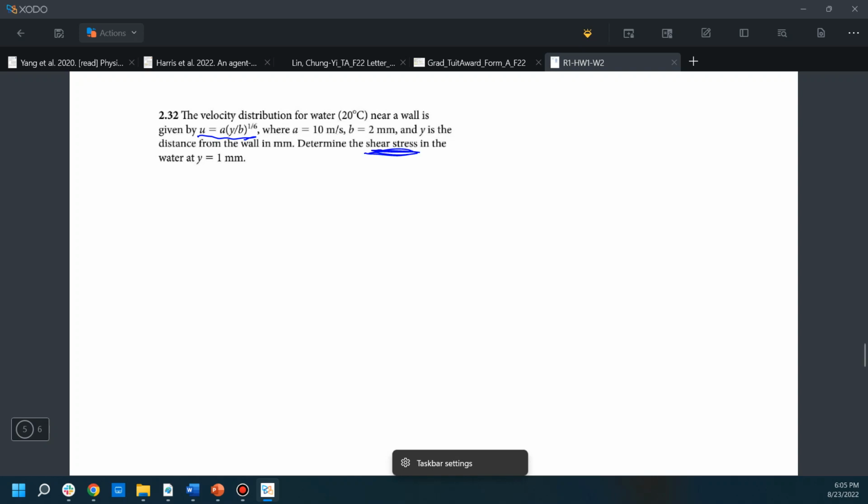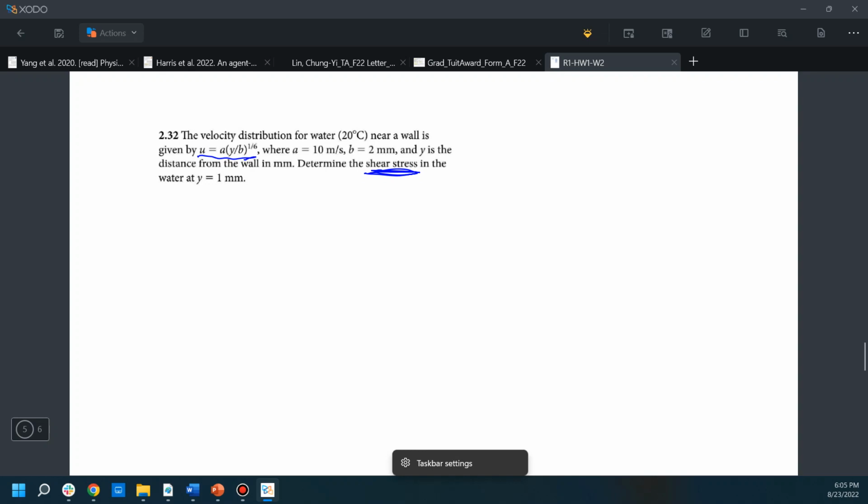Okay, so we want to find the shear stress, and the equation for the shear stress is that the shear stress is equal to the viscosity times du divided by dy. Okay, that is the shear stress equation.